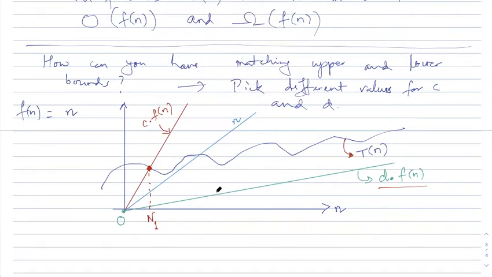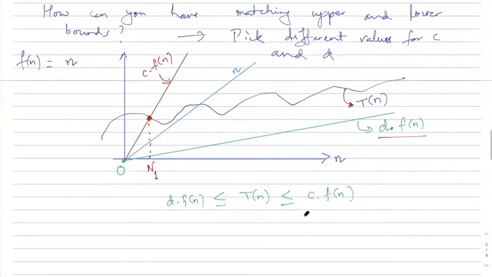So once you have done that, what have you proved here? You have proved that t of n is less than or equal to c times f of n, and it is greater than or equal to d times f of n, and this holds true for n greater than or equal to n1.